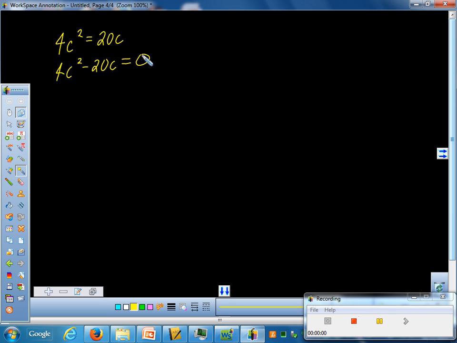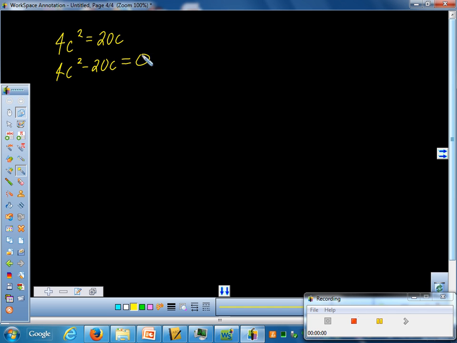But how do I factor that? You can't unfoil if you don't have a constant number on the back end. We don't have a plus some number back there or minus some number. You've got to have that constant number to be able to factor into 2 binomials. If it's this case, your only option is to look for what are the common factors I could pull out of there.